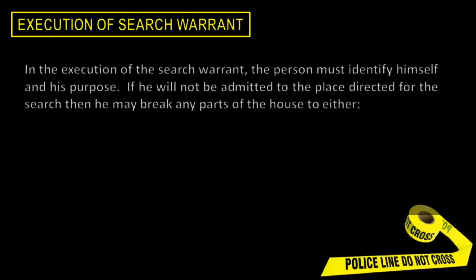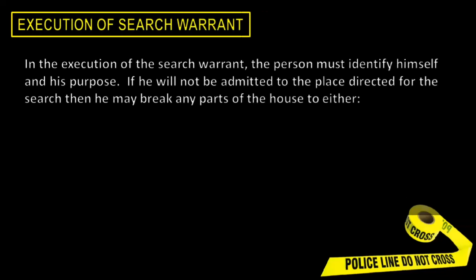So, execution of a search warrant. In the execution of a search warrant, the person must identify himself and his purpose. So you identify your authority and purpose. If he is not admitted to the place directed for the search, then he may break any parts of the house. So, he can break the door or window of the house or any possible entrance when he is not allowed to enter the place where he was directed to search, as long as he has the search warrant.